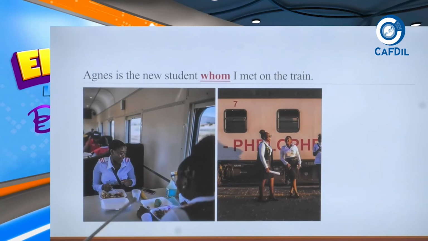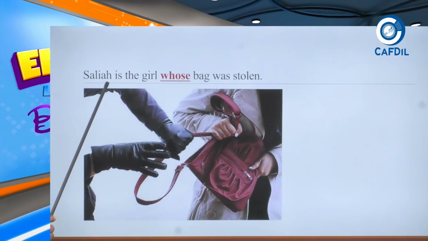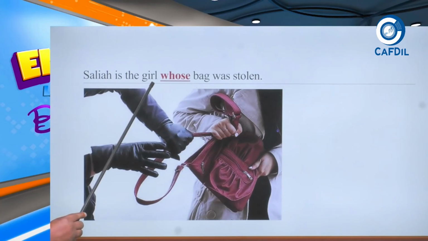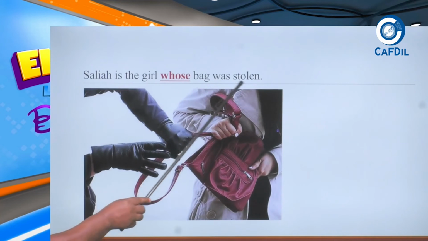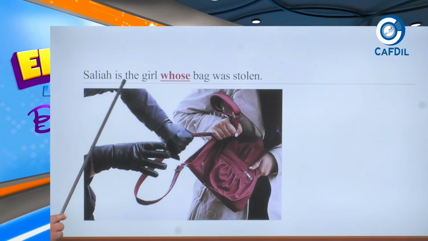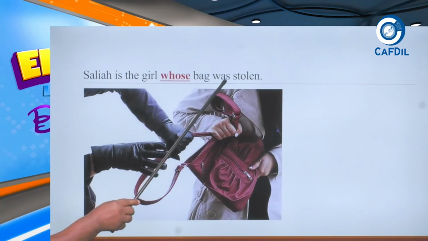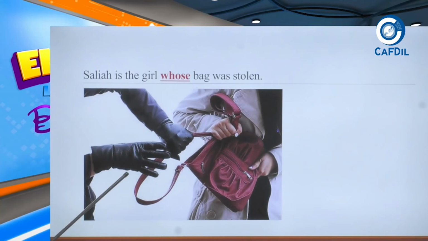Here we are in the train, and that is Agnes and I. We've come to Salia is the girl whose bag was stolen. And here is Salia with the robber trying to take the bag from Salia.